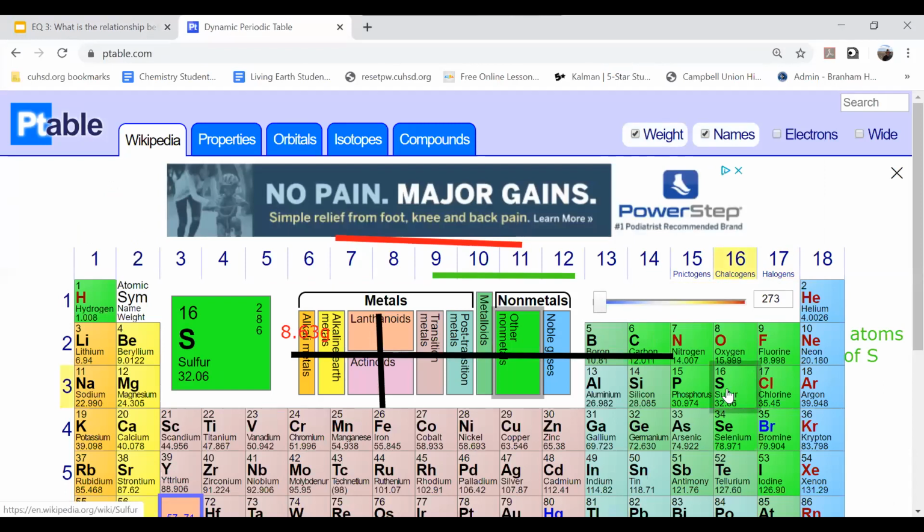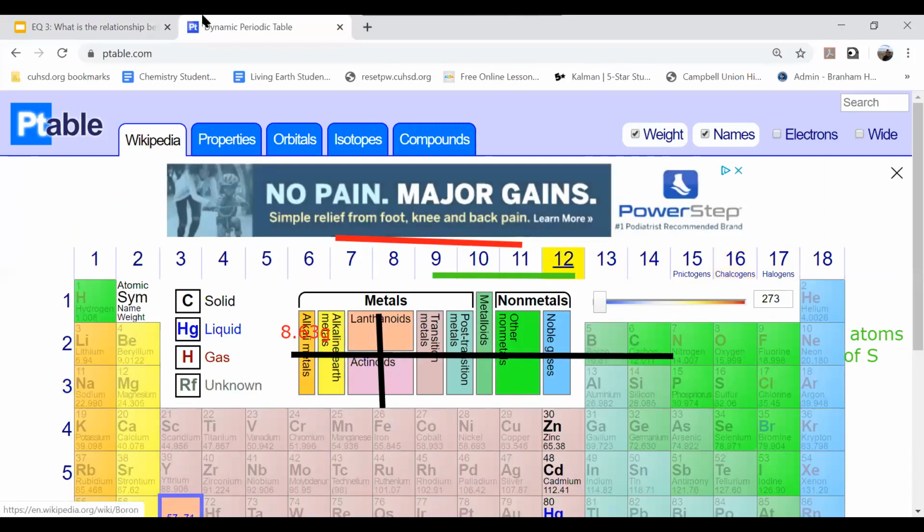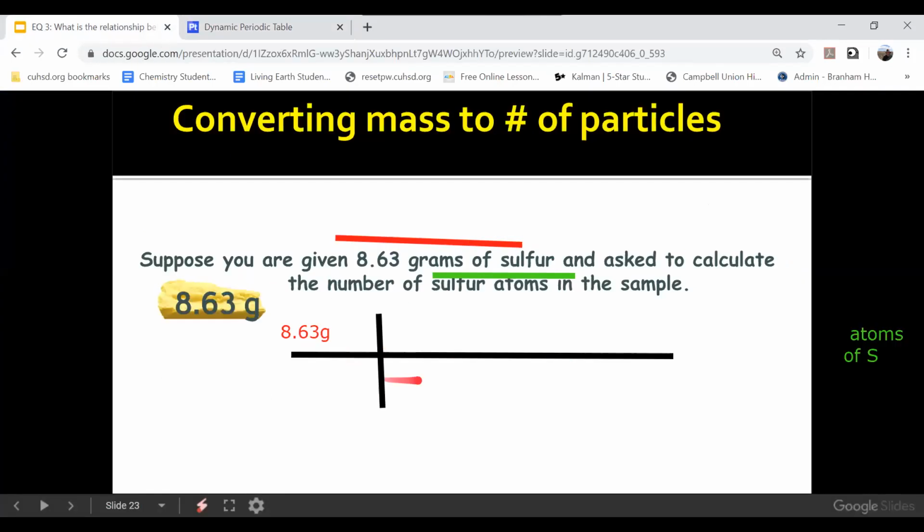32.06 grams for the sulfur. So I'm going to take that 32.06. And I know that we have 32.06. This should be red because it's going to be grams for every 1 mole.